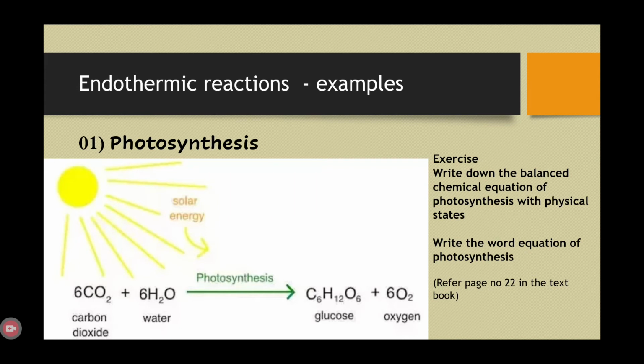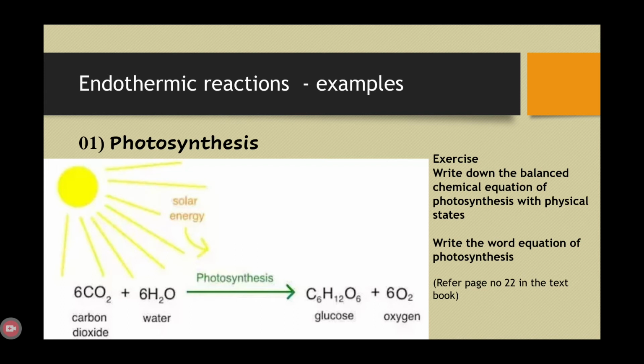So what are the examples for endothermic reactions? First one is photosynthesis. When photosynthesis occurs in plants, the plant body is cooled, because carbon dioxide plus water absorb energy from the sun and produce glucose and oxygen.